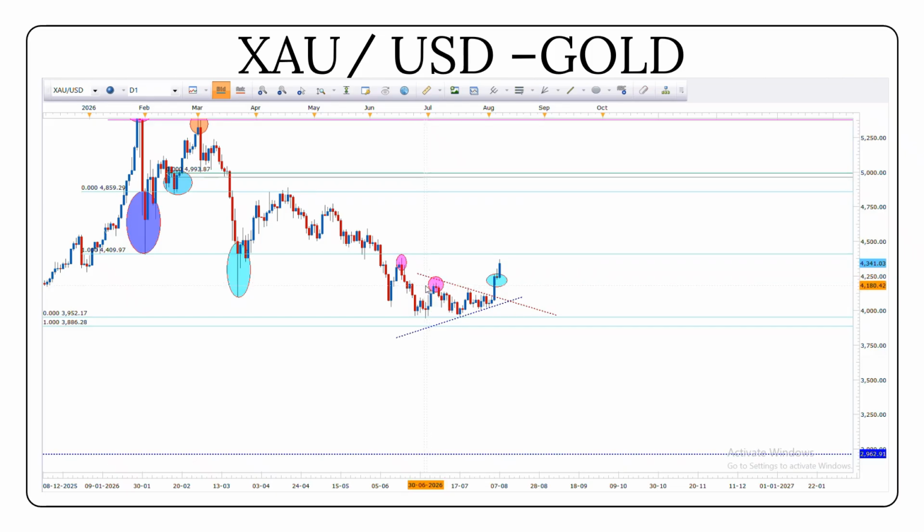So there was a controlling area that had been holding the bulls from breaking above, and that was the zone that was maintaining the downtrend in the metal.